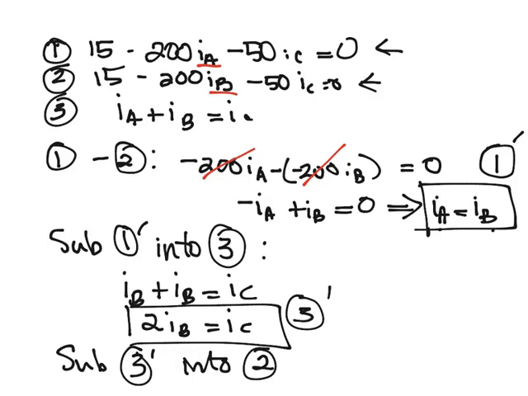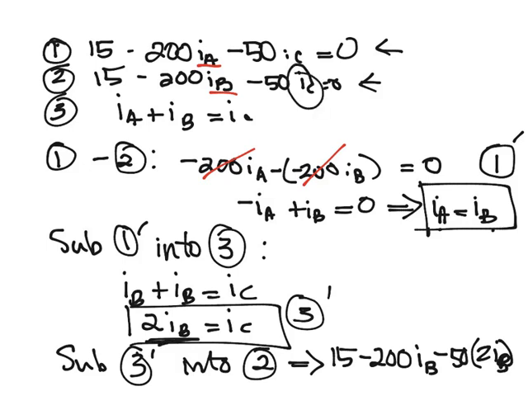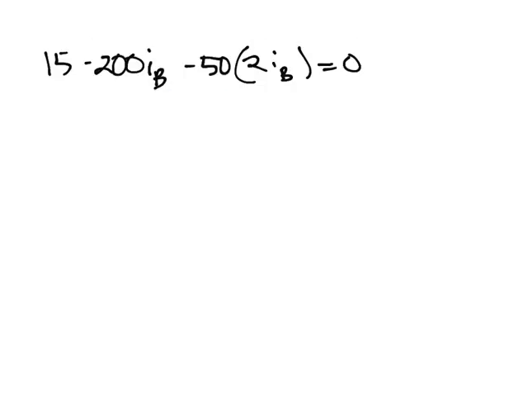And when I do that, I get 15 minus 200 IB minus 50 times 2 IB, because we're replacing IC with 2 IB, equals 0. Then we can go ahead and actually solve for IB. So I'm going to write that on the next page. I have 15 minus 200 IB minus 50 times 2 IB equals 0.